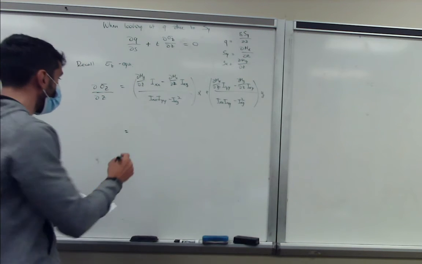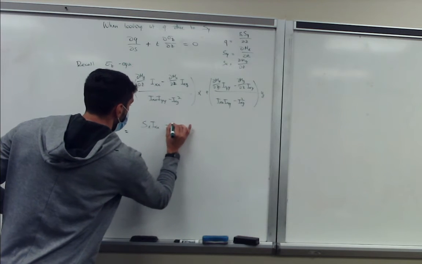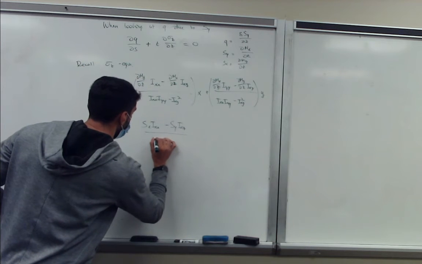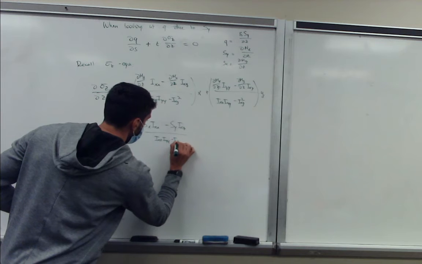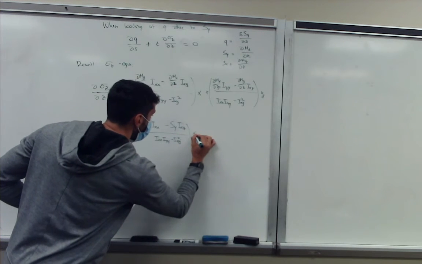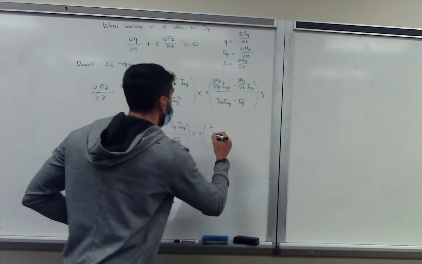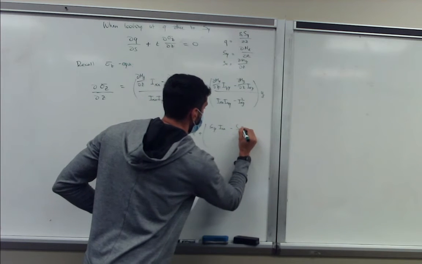So we get shear force in x, Ixx, minus shear force in y, Ixy, over Ixx Iyy minus Ixy squared, multiplied by x, plus Sy Ixx minus Sx Ixy.